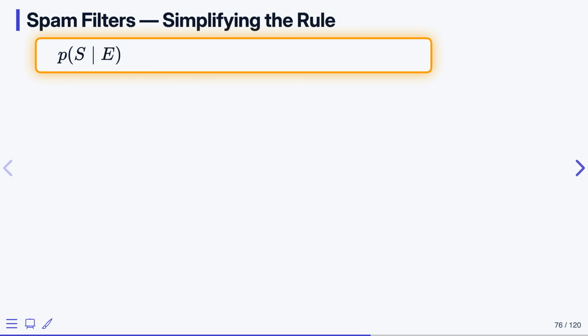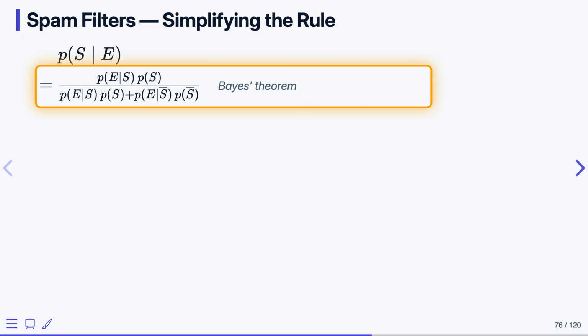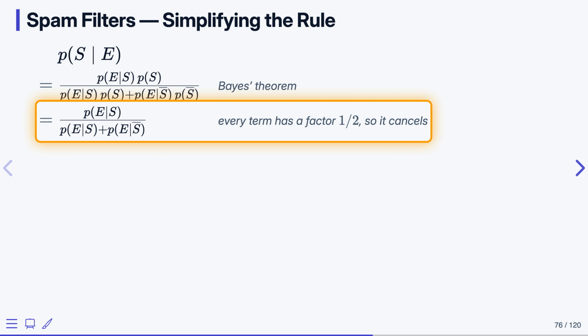Now turn the counts into a spam score. We want the probability of spam given the word. Bayes' theorem gives that probability. Because the prior is 1/2, every term on the top and the bottom carries the same factor of 1/2, so it cancels. The formula gets much simpler.